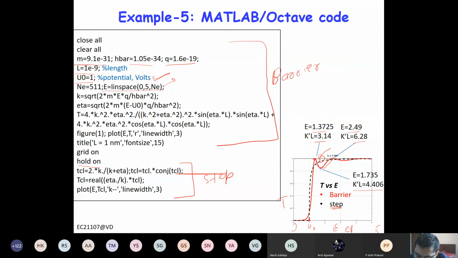So these are the perfect transmission. Or if you look from the potential barrier point of view, pi means this kind of waveform, right? Half waveform. Then 2 pi, 3 pi, right?